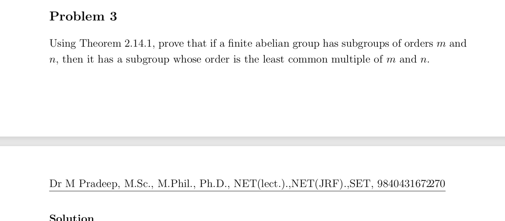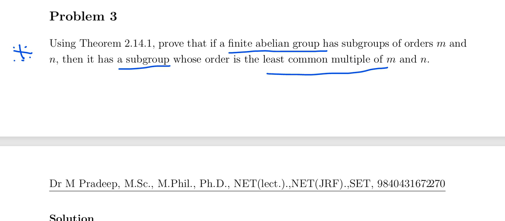Using this: if a finite abelian group has a subgroup of order m and a subgroup of order n, then it has a subgroup whose order is the least common multiple of m and n, that is, LCM of m comma n. This is also like that.